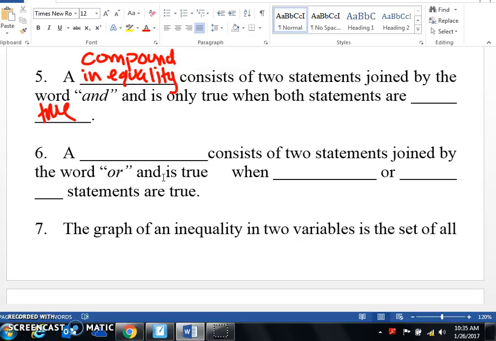My bad. Intersection. Sorry, it's where they intersect. Sorry, this one's a union. And once again, it's another compound inequality. Two statements joined by or, and it's true when either statement is true. So either one of them is true. And I'm not going to even write that because I think y'all know it.